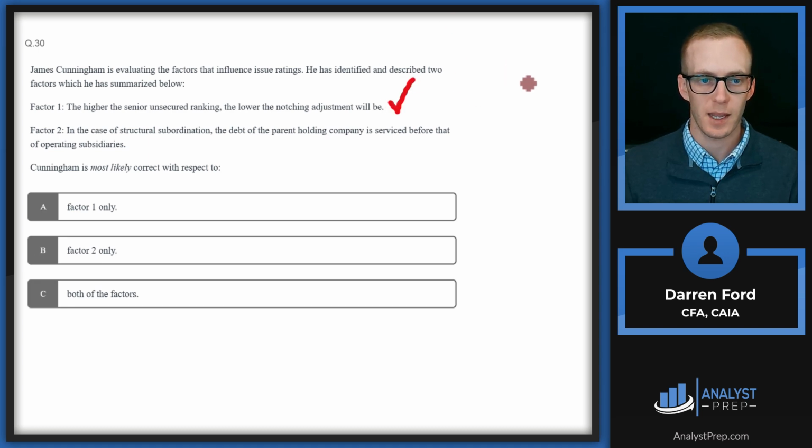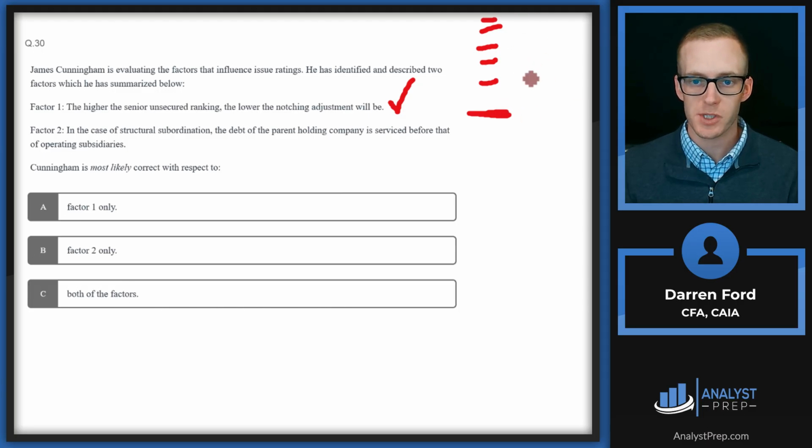Essentially what this is saying is, let's say this is our senior unsecured debt, and if there are 5 other issues of senior secured debt above here, this makes us lower in the capital stack.